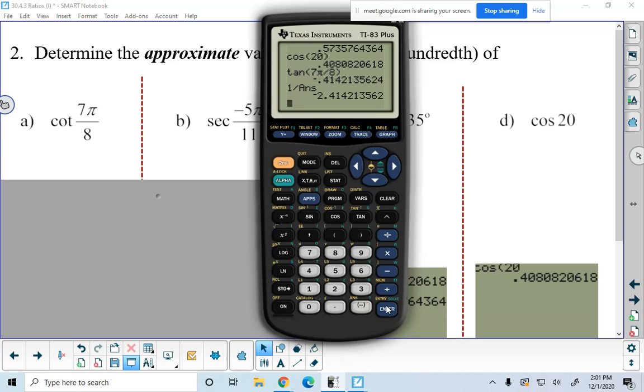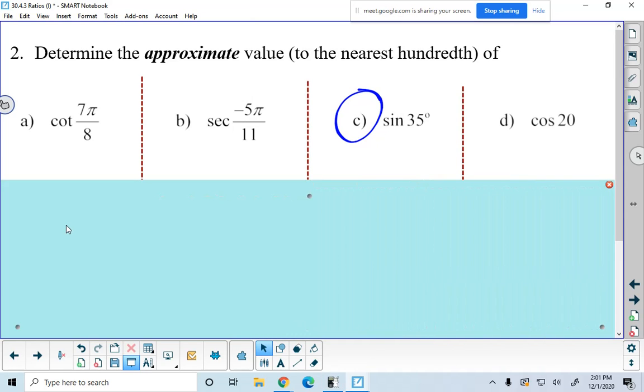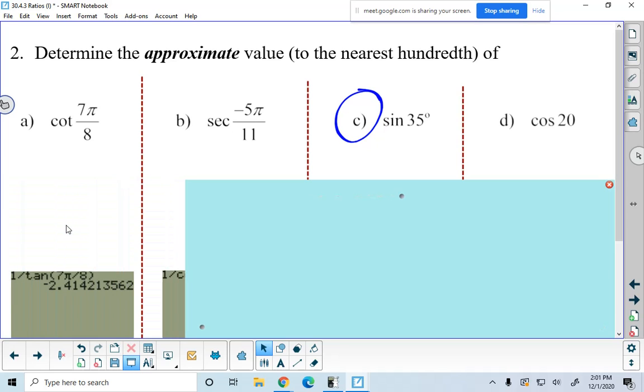Or I could just say it's 1 divided by tan of 7 pi over 8. But in either case, I get negative 2.4 something.